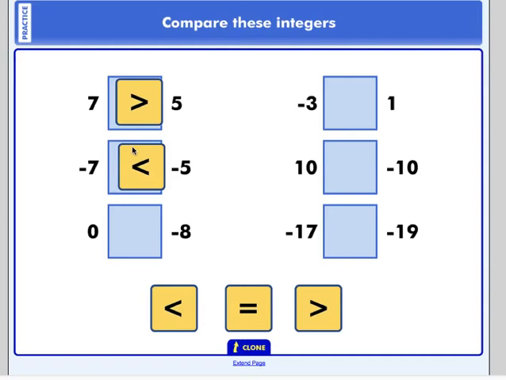Take a look at the rest of these and decide how you think they compare. Okay, you can pause the video if you need some extra time and then resume the video.